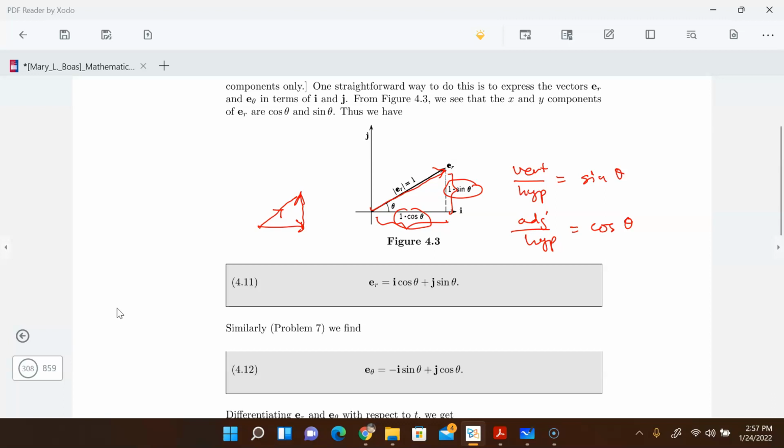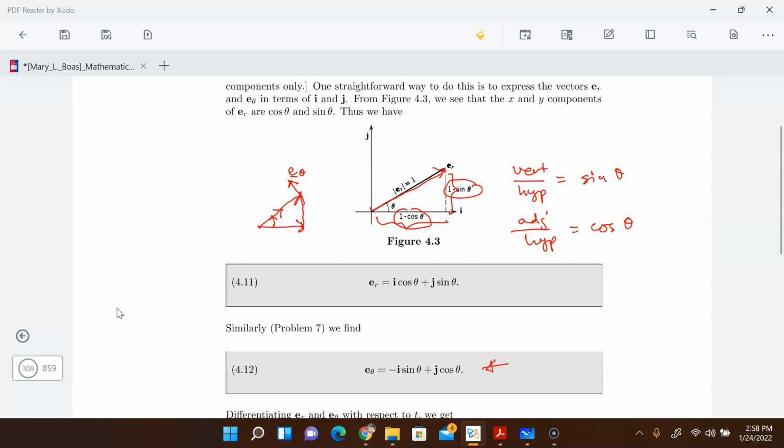Now one could also try to do theta, which is moving in this direction. That means your unit vector e_theta will also move in that direction. One could also construct the same kind of thing using some similar triangles, and then you'll be able to show this.